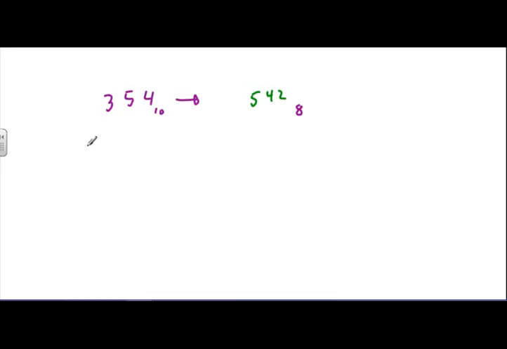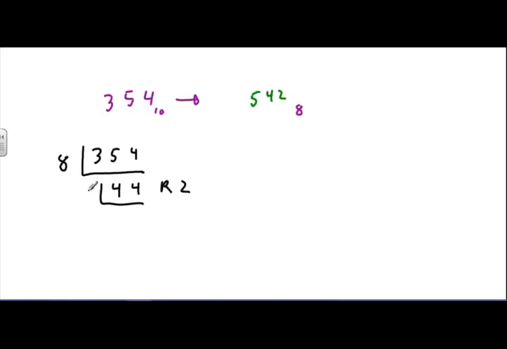Now, if I do a similar thing to what I did for base 2, I take 354 and divide it by 8. Let's see. 8 goes into 35 4 times. 8 goes into 34 4 times with a remainder of 2.